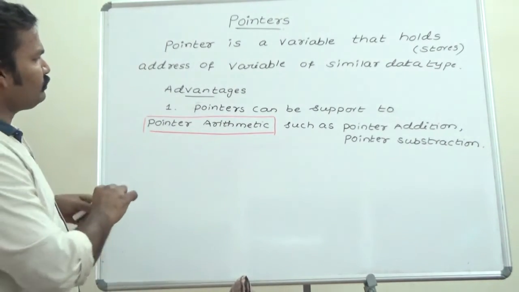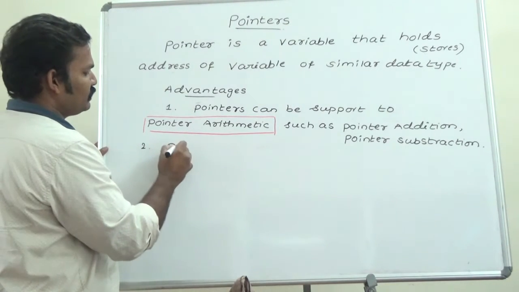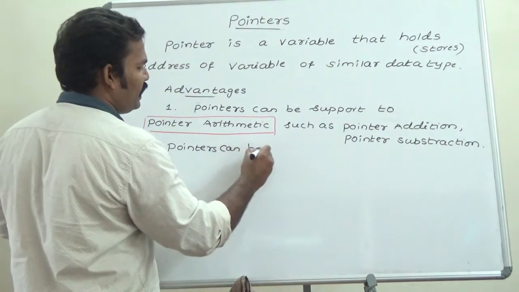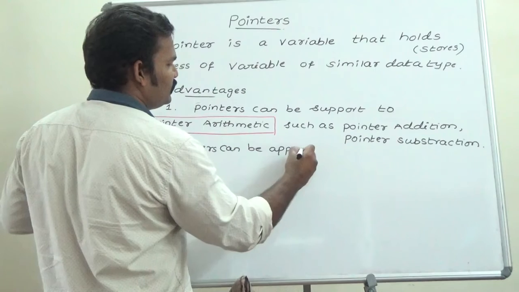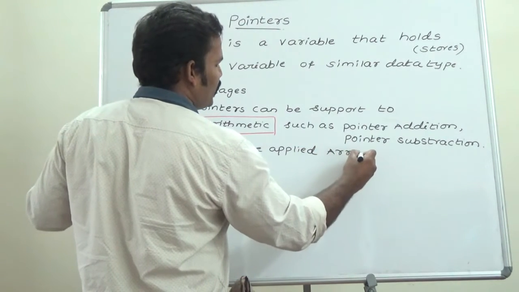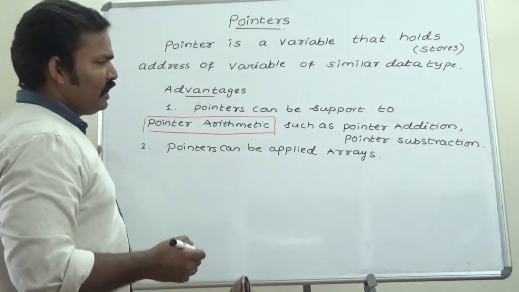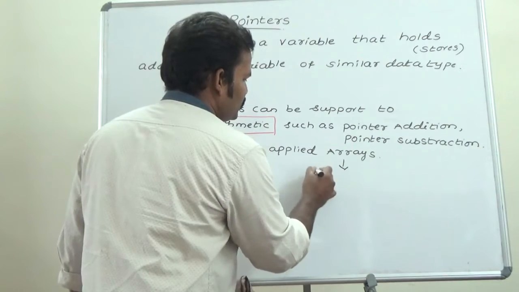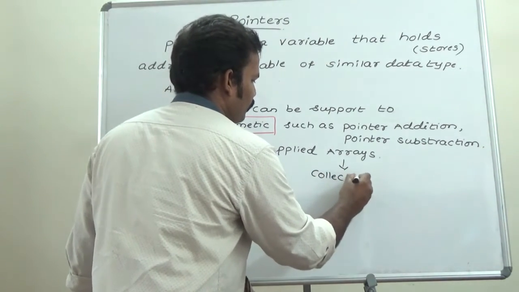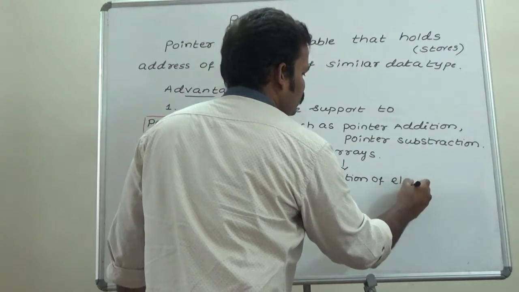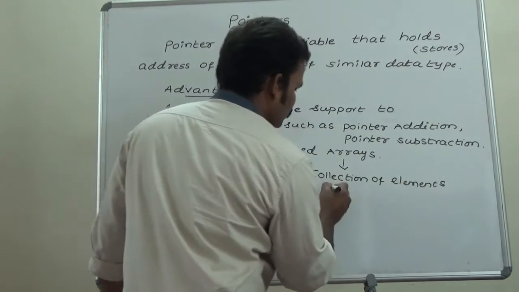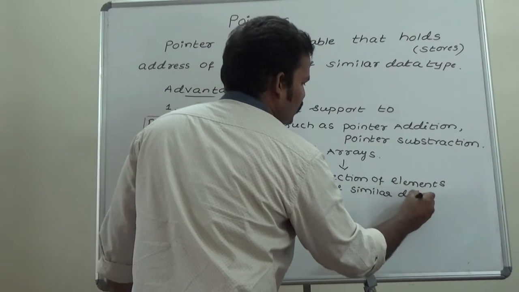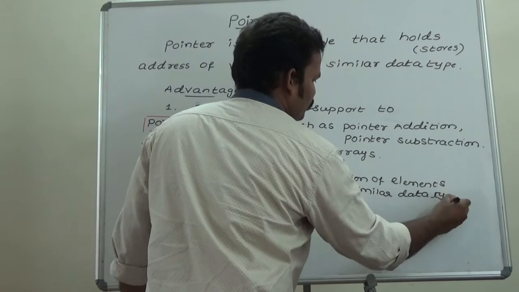Next, pointers can be applied to arrays. What is an array? An array is a collection of elements of similar data type.